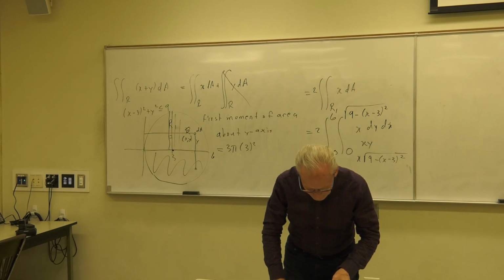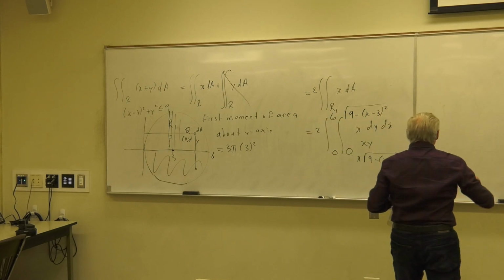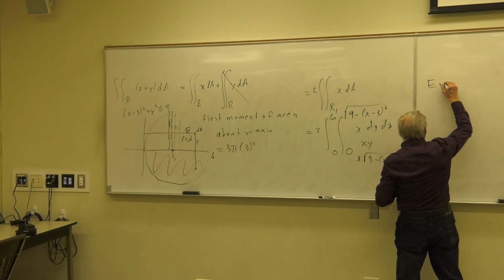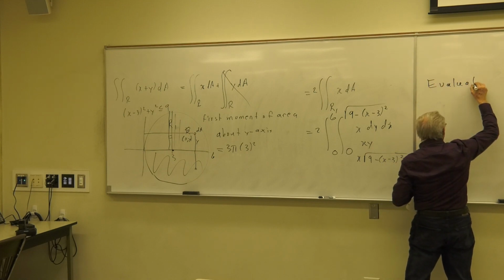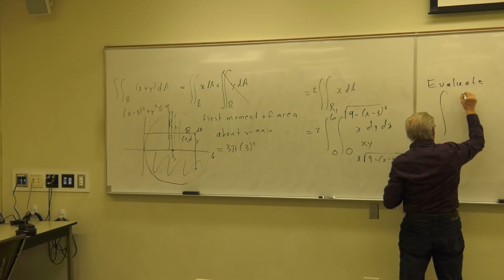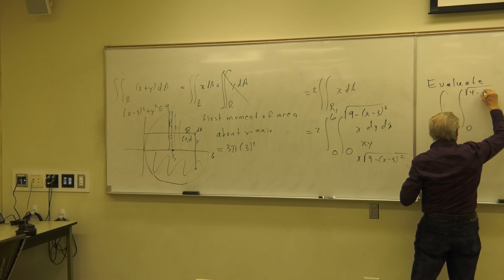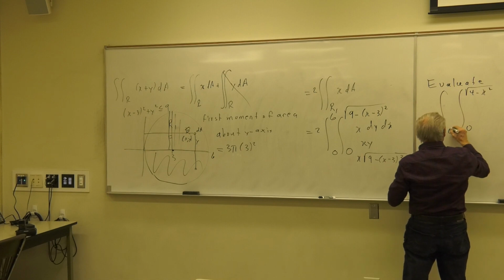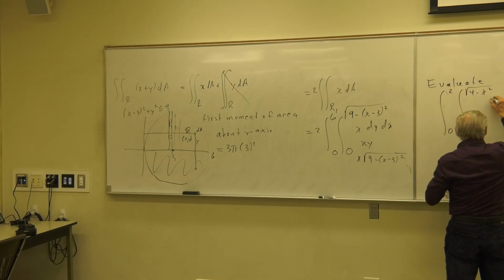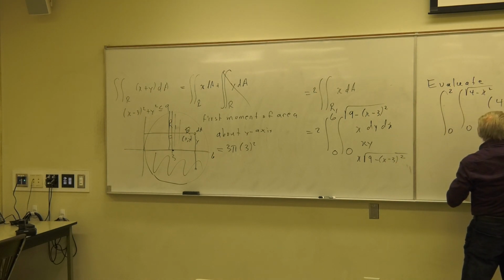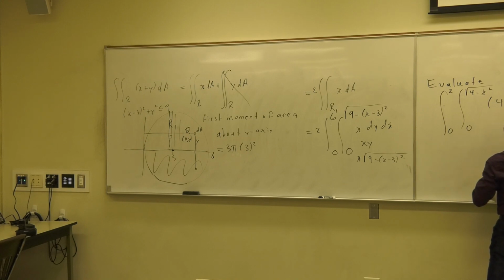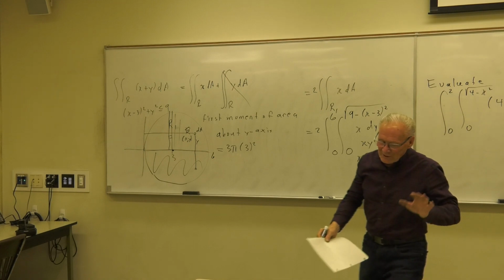And I want to emphasize that with the following problem. I'm going to ask you to evaluate the following double iterated integral: 0 to the square root of 4 minus x squared, 0 to 2 of (4 minus y squared) to the 3 halves, dy dx.